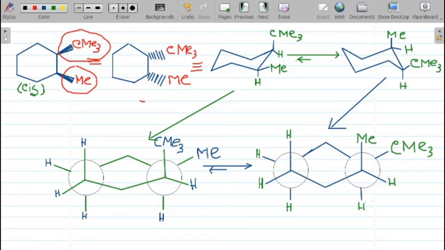But in this case there will be a large energy difference in this conformation when we flip the ring.